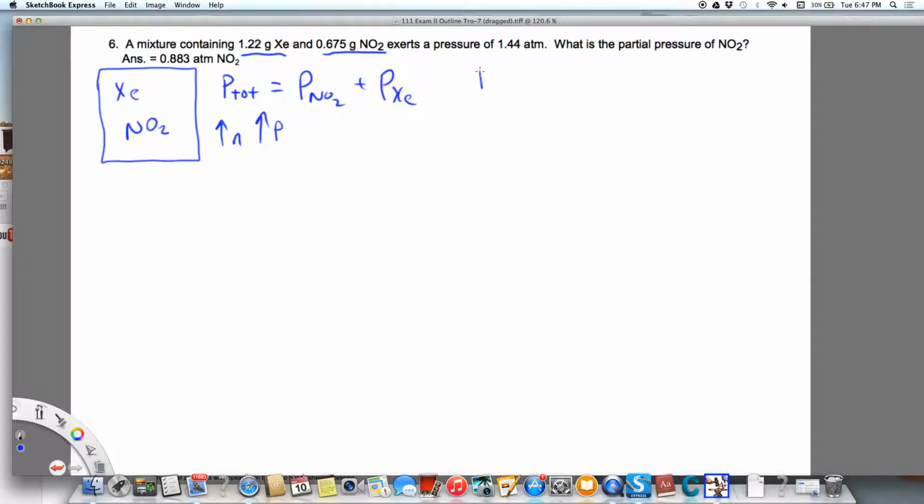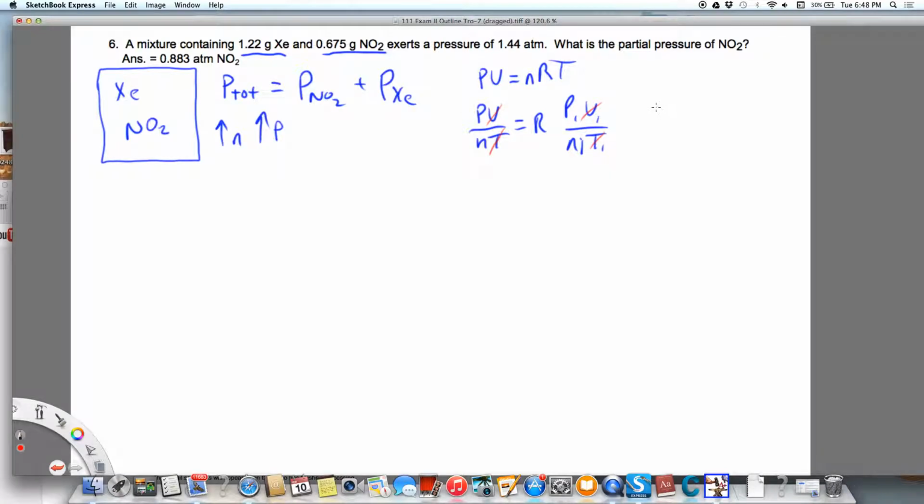In other words, if we have PV equals nRT, and we set it equal to R, PV over nT equals R, that means that if I have P1 V1 over n1 T1, that also equals R. And if everything else is the same, which it is here, and we just want to look at pressure and moles, then temperature and volume cancel out.